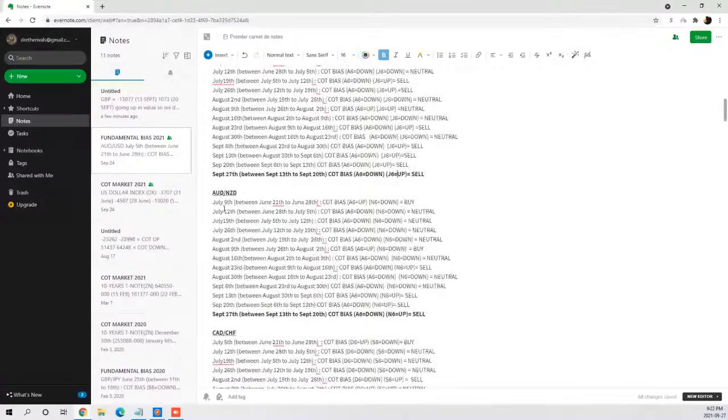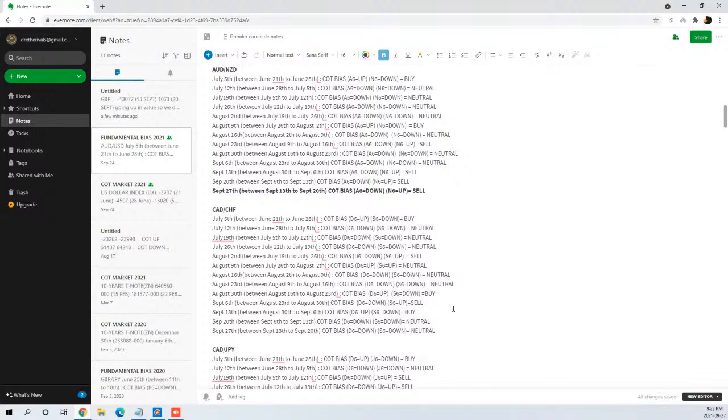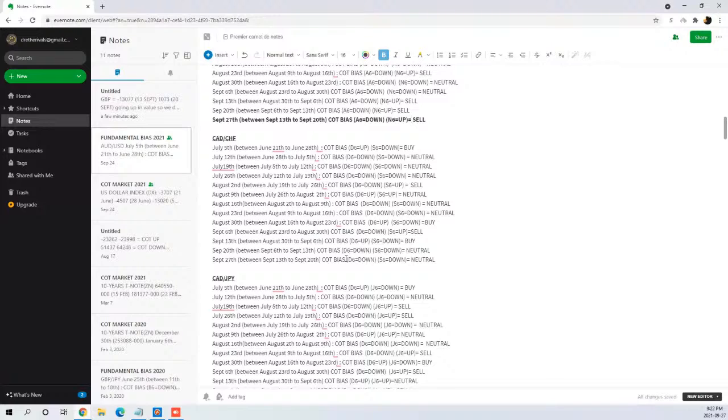Same thing for AUD NZD. The New Zealand dollar is going up for the week, and the Australian dollar is going down, so we have it as a sell. CAD CHF going in the same direction, neutral.